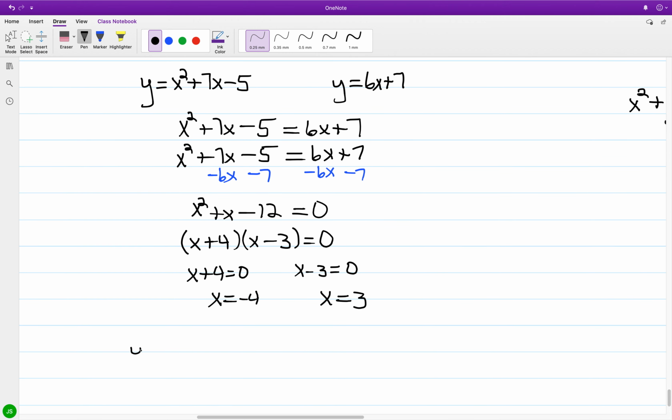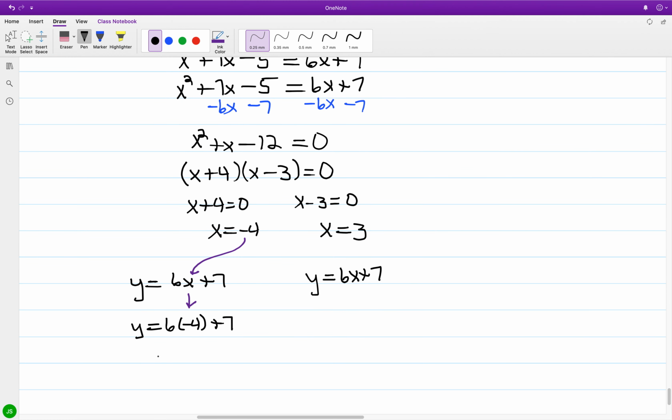So just going back to y equal to 6x plus 7. If on the one hand, x is equal to negative 4, then y is equal to 6 times negative 4 plus 7, so y equals negative 24 plus 7, which comes out to negative 17.